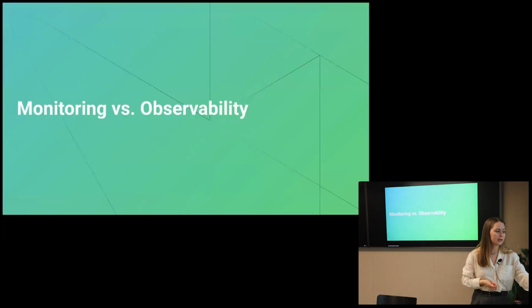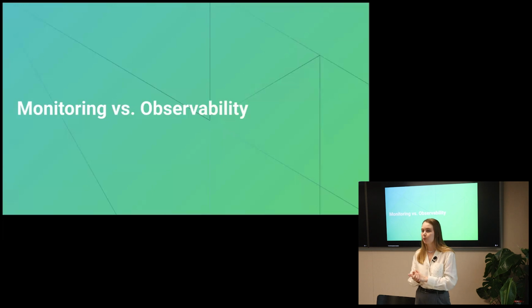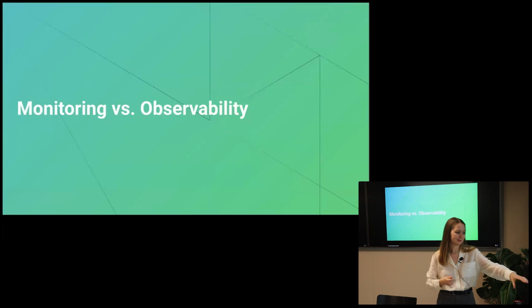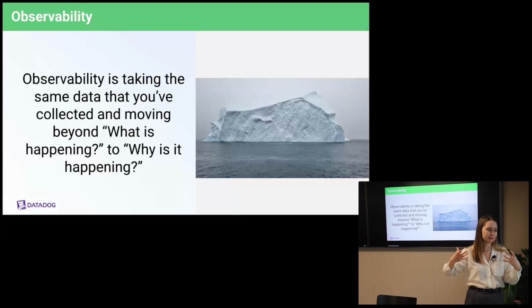Now, let's go into observability. Observability takes this concept of monitoring and adds extra details. So we're going deeper. Another metaphor: if we think about monitoring and observability, we can think of an iceberg. On top of the water, this is monitoring.